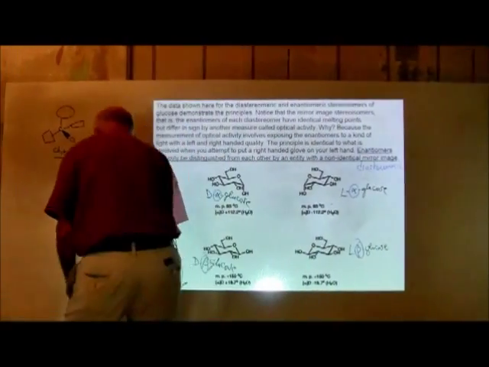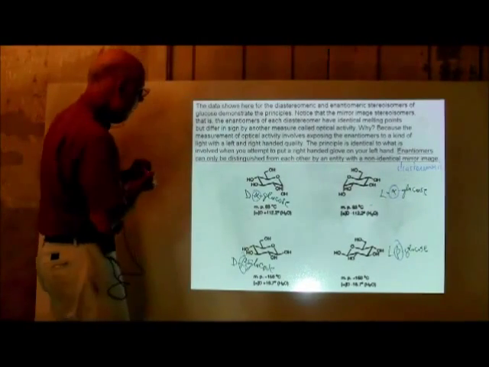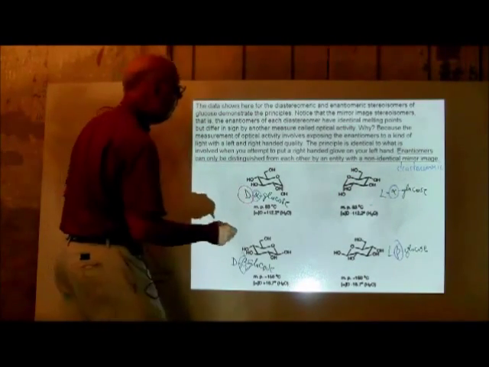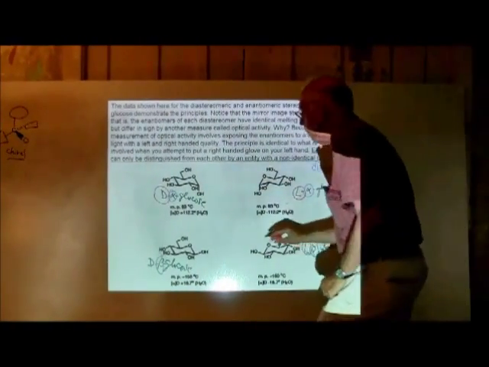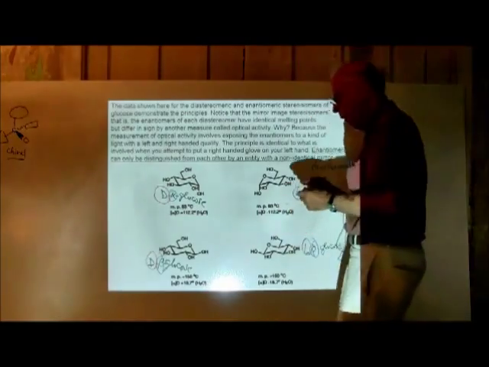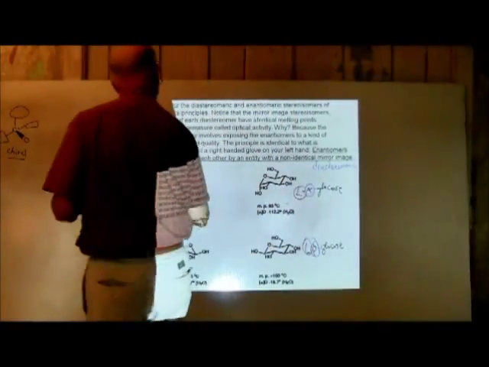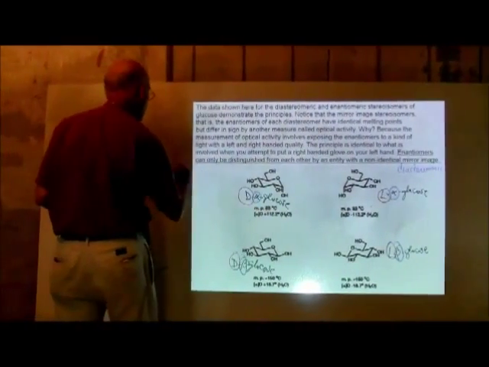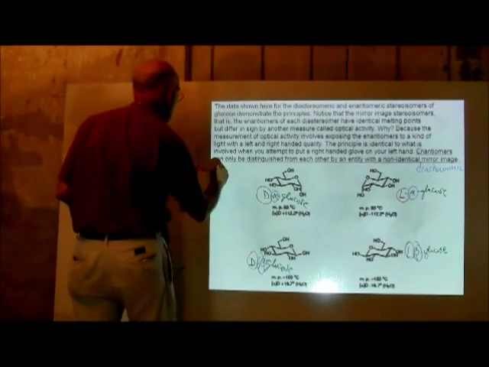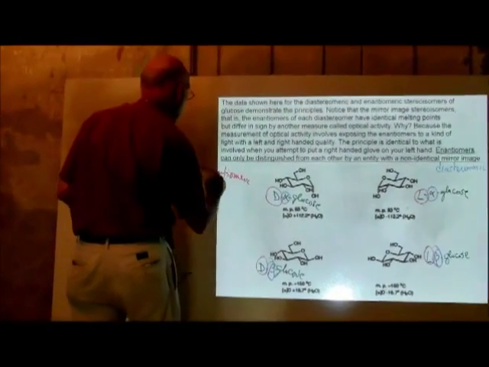Now let's get the red marker here. The D and the L here, which is the same as the L and the D symbolism right here, correspond to the enantiomeric difference.